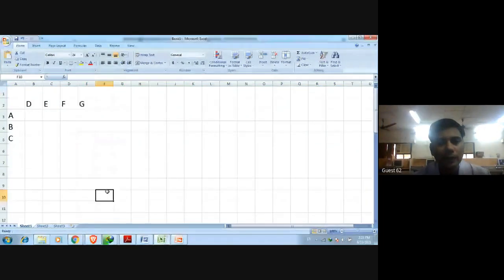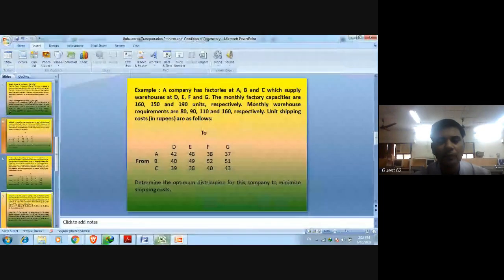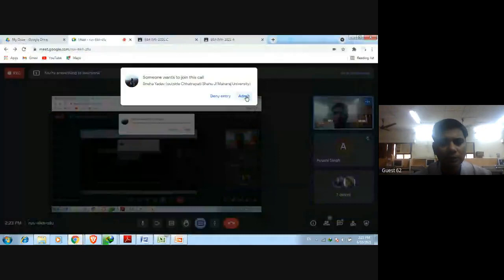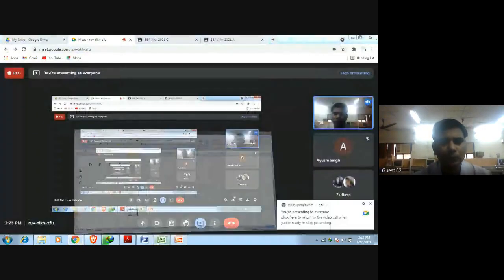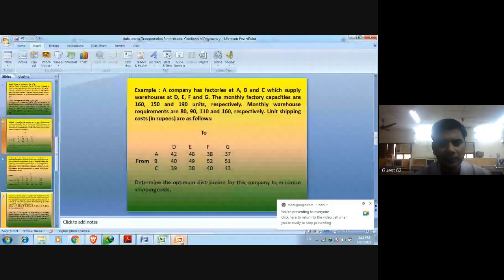Now I will write down the per unit cost in different cells from factory A to the different warehouses. So I am writing down the per unit transportation cost. For factory A to D, E, F, G: 42, 48, 38, 37.